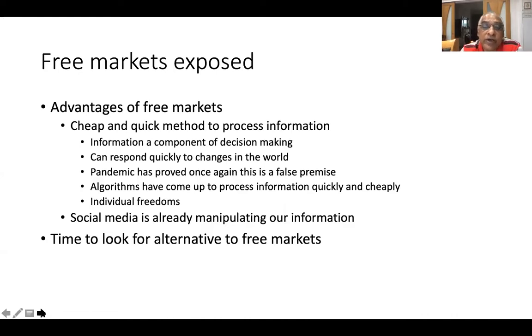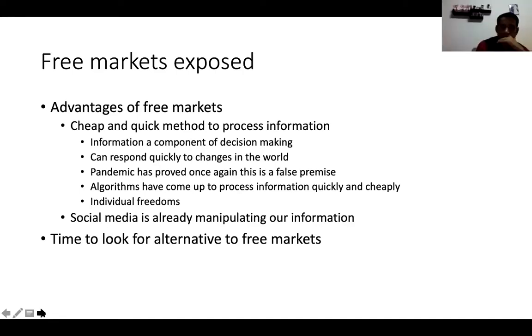The decision by the market is better than a group of experts sitting in a room collecting and processing the information. So the market can respond quickly to changes in the world. The pandemic has proved once again that this is a false premise. Now algorithms have come up to process information quickly and cheaply.